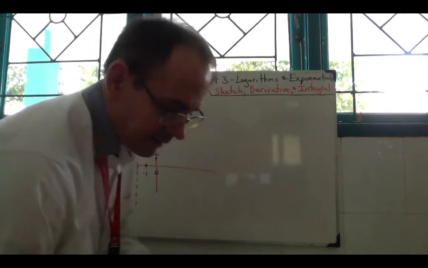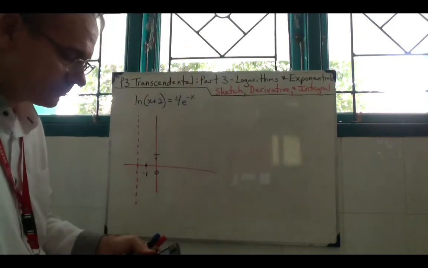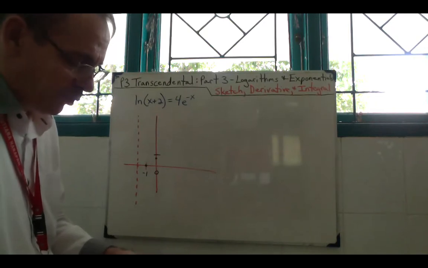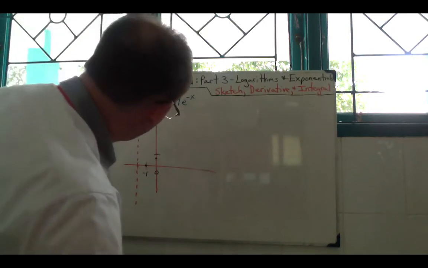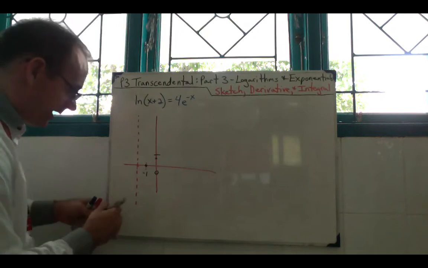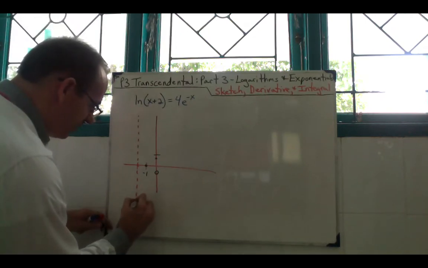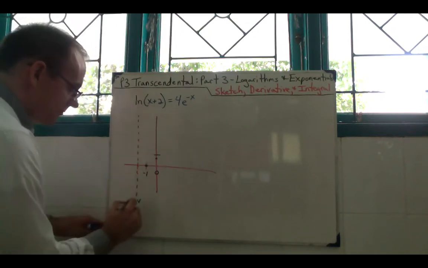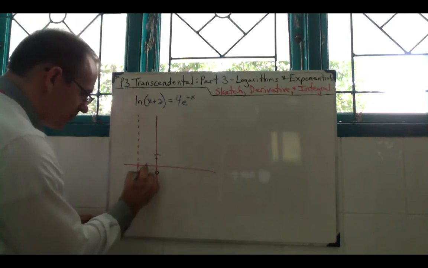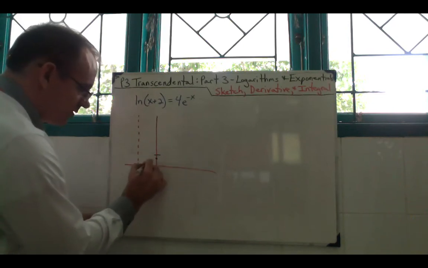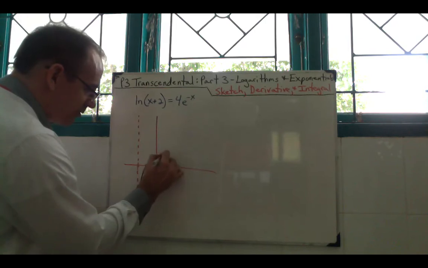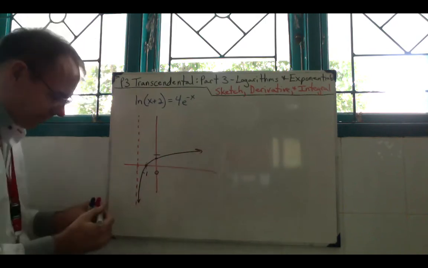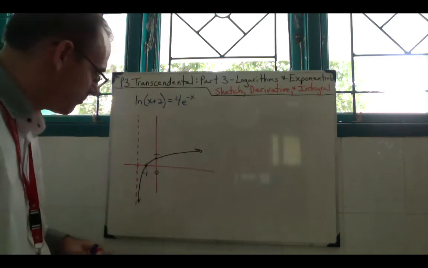Ln 2 comes out to 0.69, so almost 0.7. And so remember, your graph starts down here close to the vertical asymptote, goes up through the x-axis at the point that we put on it, and then out through the third point of reference.